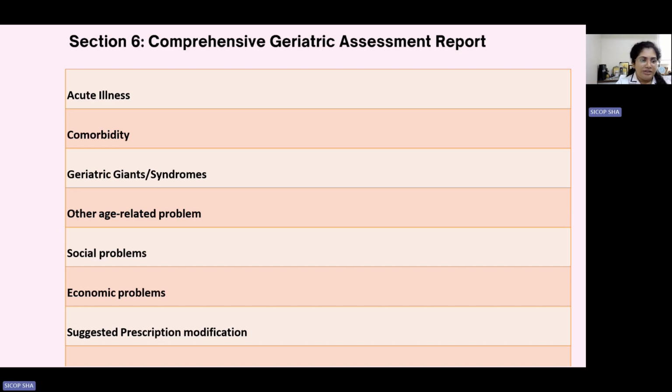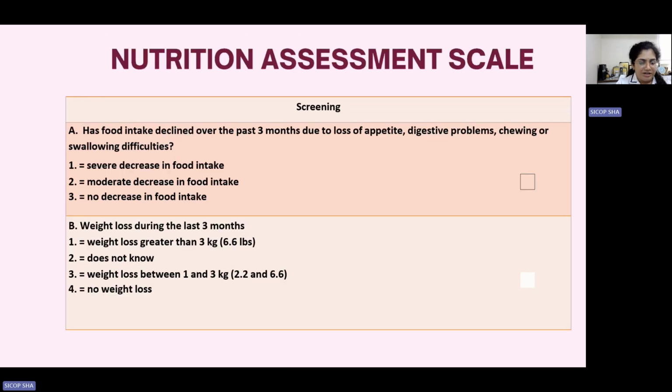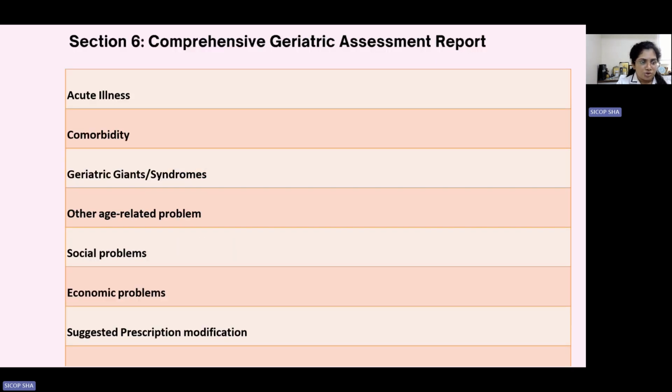Any acute illness, any comorbidity like diabetes mellitus, any stroke survivor, that can be comorbidity. Geriatric syndromes, geriatric giants.